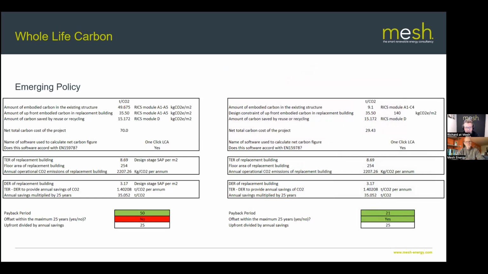So this is an example of an emerging policy. It originated down in the West Country. It's now gaining traction along southern counties, down in the southeast, up into East Anglia and across into the Midlands.